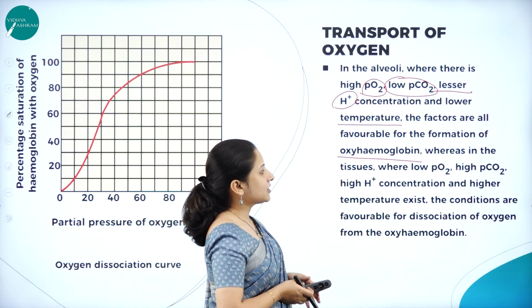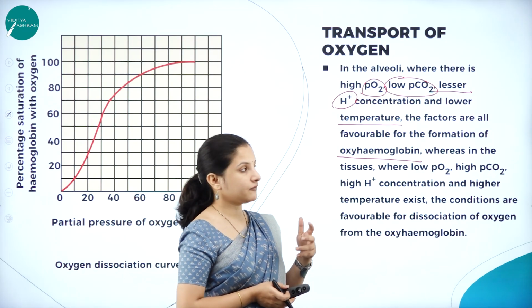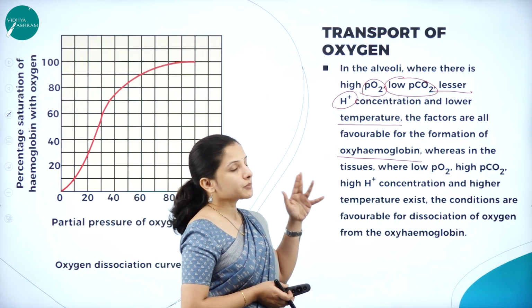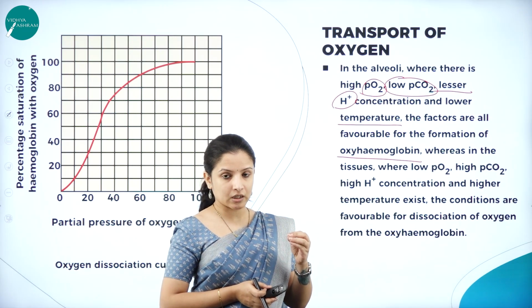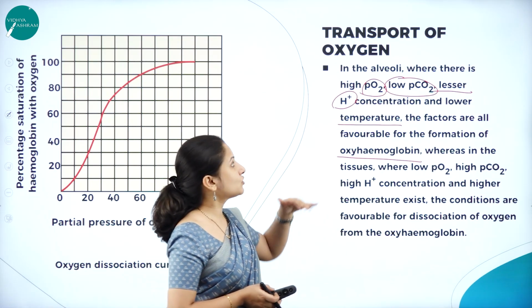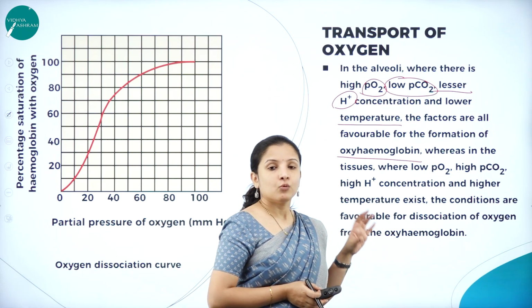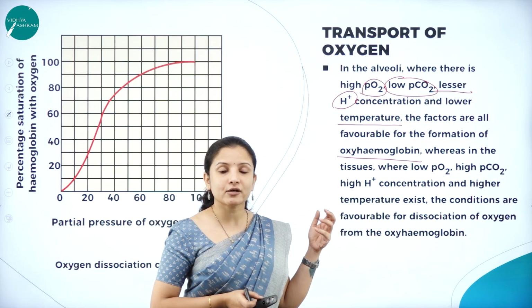I can make you understand this in an easy way. If the correct binding of oxygen with the hemoglobin should occur, wherein oxyhemoglobin will be formed, in the alveoli, what should be the exact state of all these? Exact state of what?